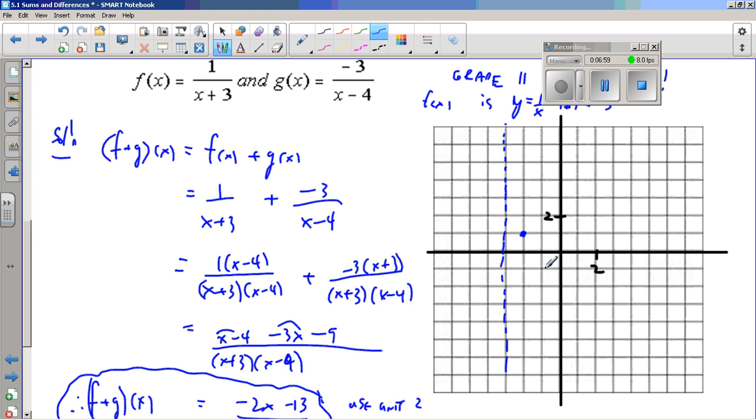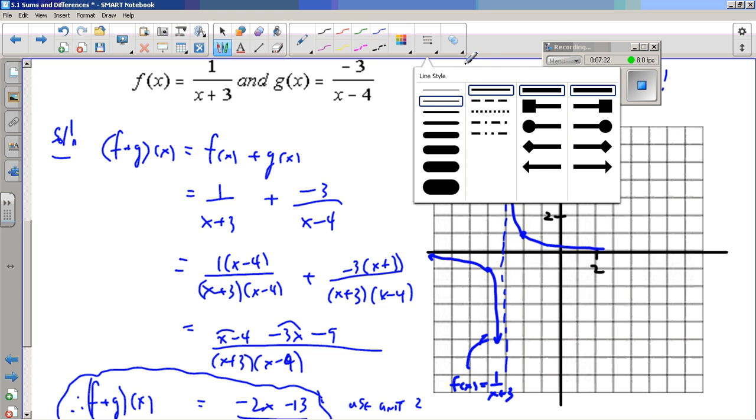The point that was at -1, -1 gets moved left 3, 1, 2, 3 to there. And then the asymptotes are there. So this is f at x. Right, this is f at x equals 1 over x plus 3.